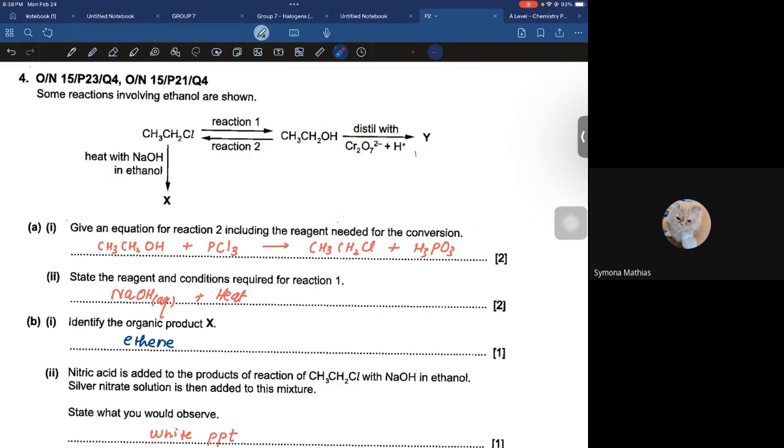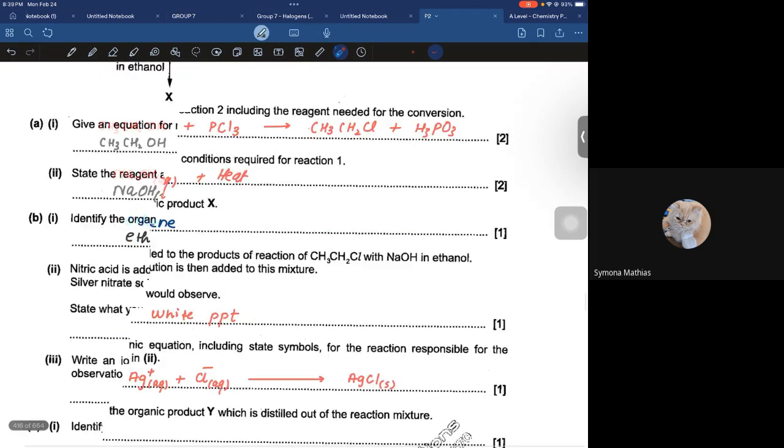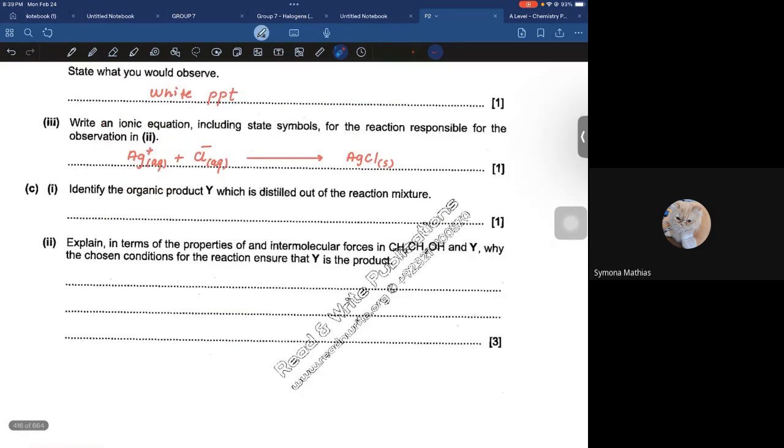Sometimes the examiner uses heat under reflux. So you know what your final product would be? Carboxylic acid. But in this question, what did they say? Distilled off. Distillation means that once the aldehyde is produced, you have separated the product. So name the organic product Y.